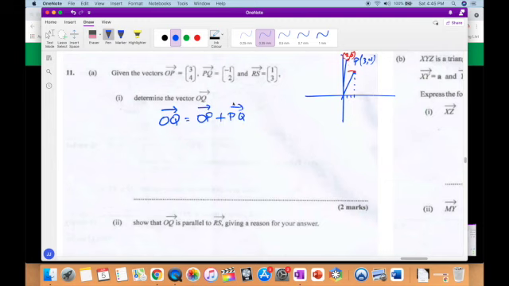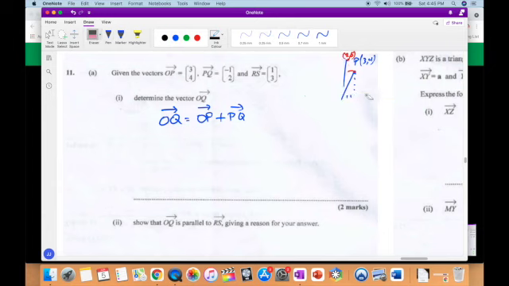You see, first thing I do is I make my statement. I make sure these 2 things are correct. These 2 things are the same, and these 2 outsides are supposed to give you this. So OQ is OP plus PQ. And I could see it here.